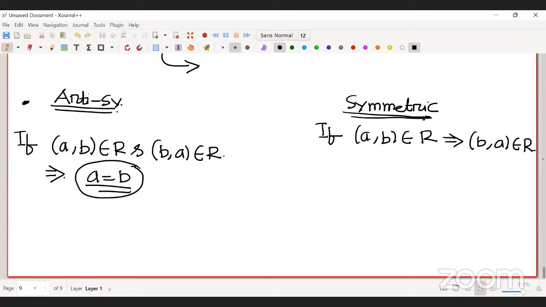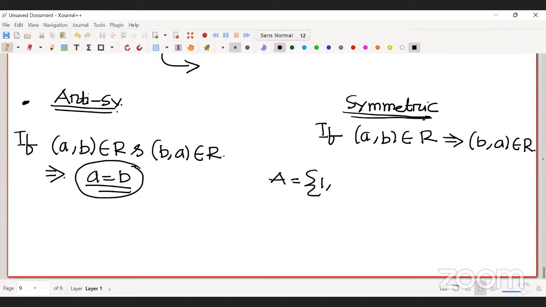Yes, sir. This is the definition of anti-symmetry and this is the definition of symmetry. Okay, let's take an example. Suppose A. Anti-symmetric. (B, A) not belongs to R. It's only anti-symmetric. Because (B, A) also belongs to R. If (A, B) and (B, A) are in R, that should imply that A is equal to B. That is the definition. Whatever you are saying is another definition of anti-symmetry, which is the same as the one you are saying.